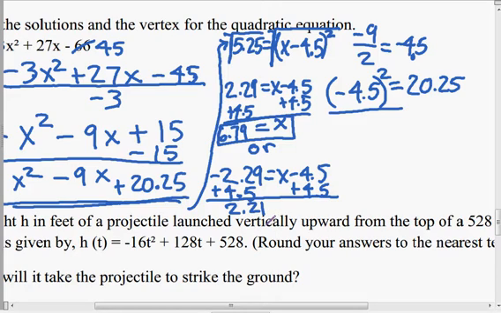So I end up with 2.21 equals x. So two possible values of x.